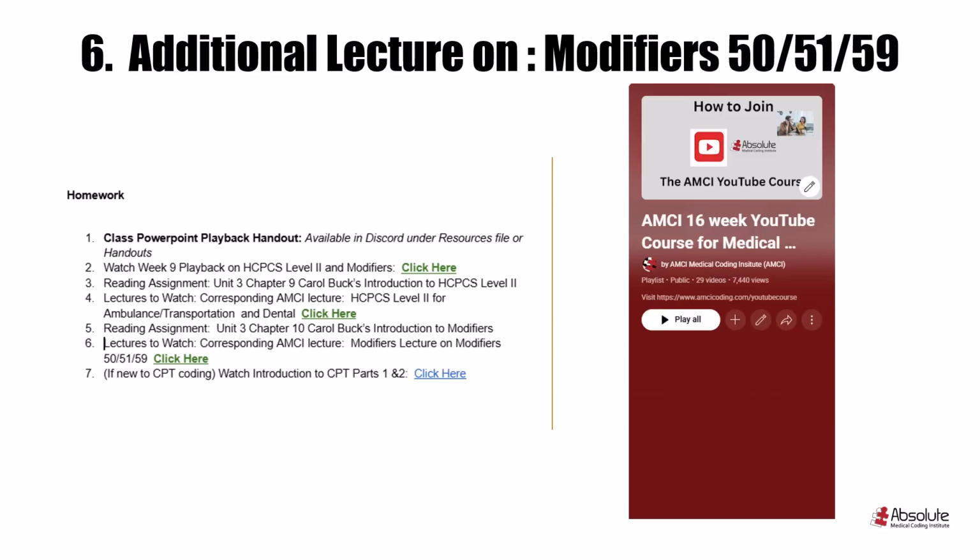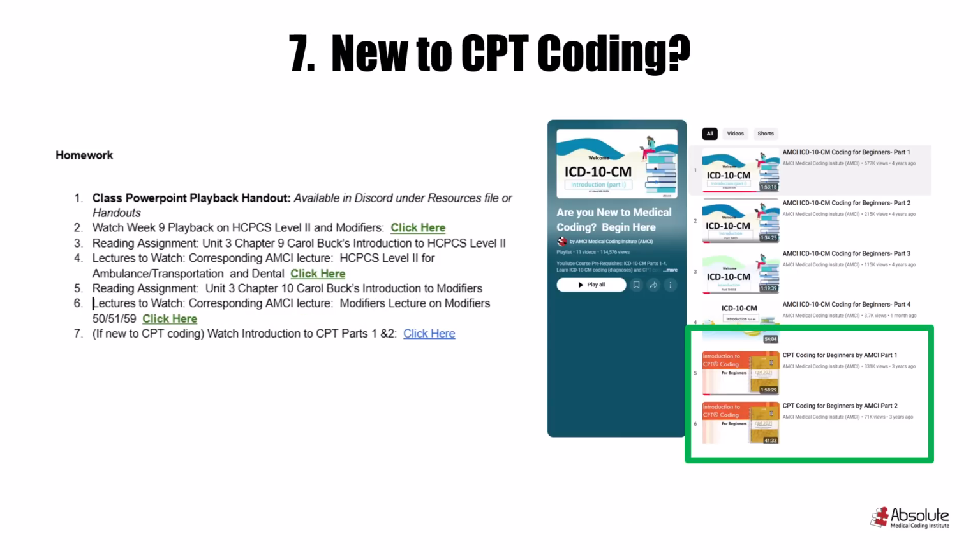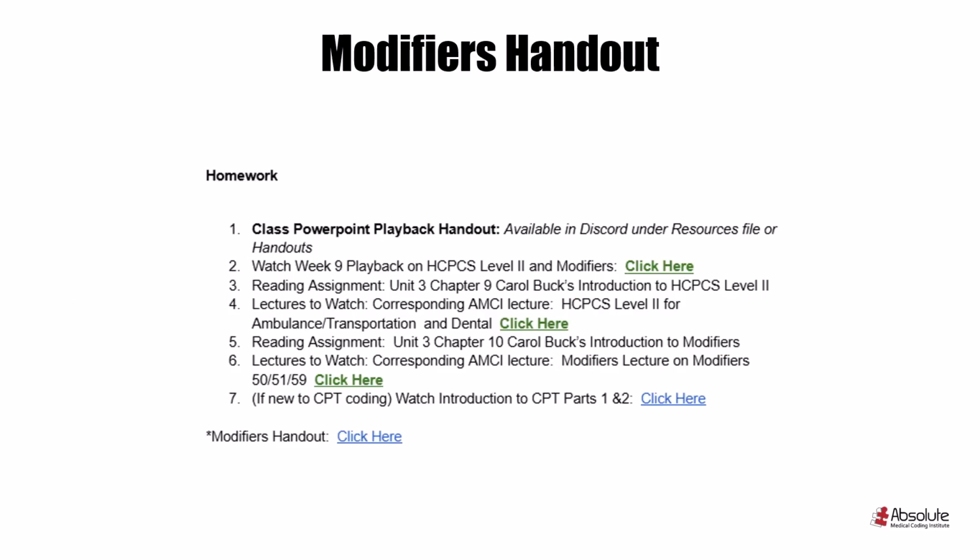Number six, there's an additional lecture on modifiers 50, 51, and 59. It's quite good, so check it out. And number seven, if you're new to CPT coding, go ahead and get ahead. Click this link. We have Introduction to CPT lectures. And the modifiers handout that I showed you about the money, if you need it, it's right there.